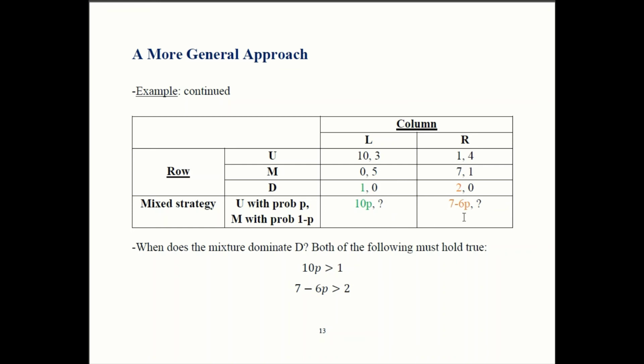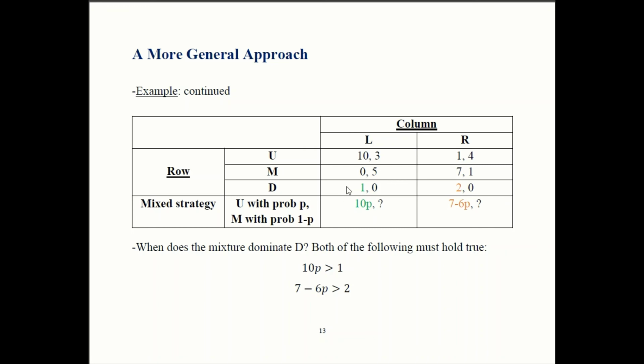So when are these payoffs from the mixture bigger than the payoffs from D? Two things have to be true. So the payoff, if they play left, for the mixture has to be bigger than what we get from playing down. So we have to have 10p being bigger than 1.